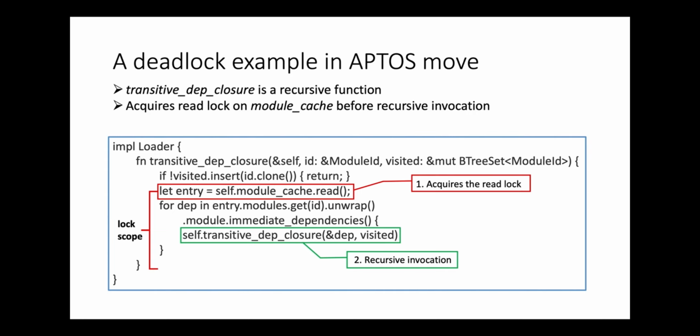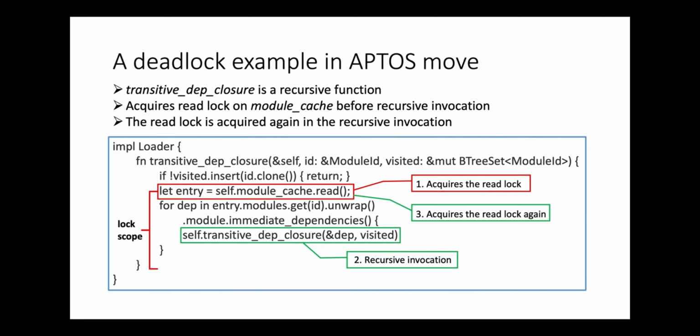The scope is a little bit large, and it makes a transitive call into transitive_dep_closure, which will recursively acquire the read lock again. However, in between, there could be interleaving with some other read or write lock, which can cause a potential deadlock when multi-threading is happening.